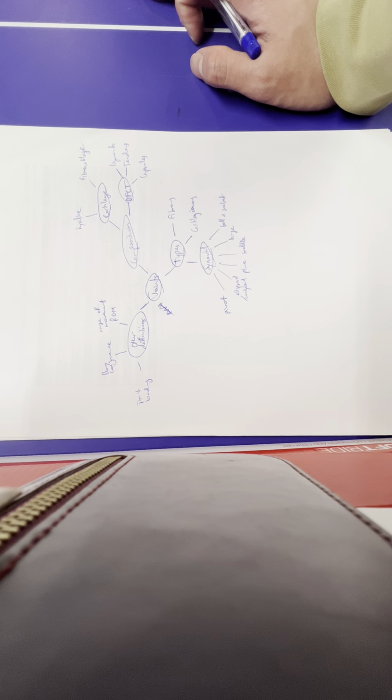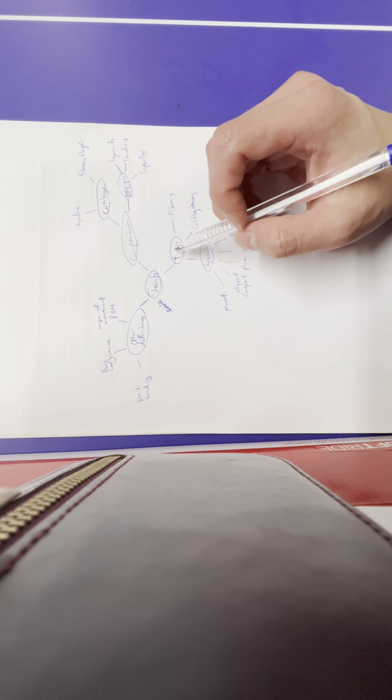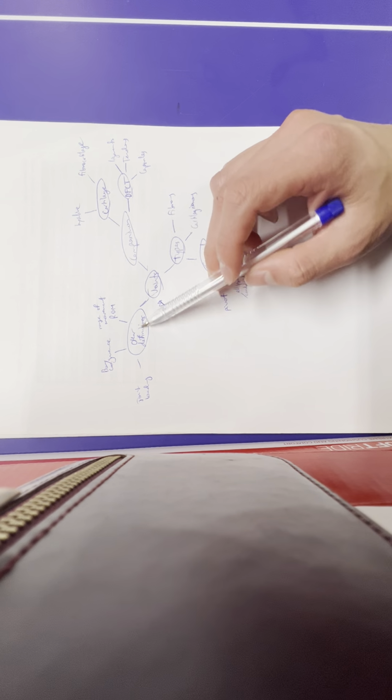So in today's series we are going to be talking about bones and joints. In today's particular video we will be talking about, first of all, the composition, types, and some other definitions.